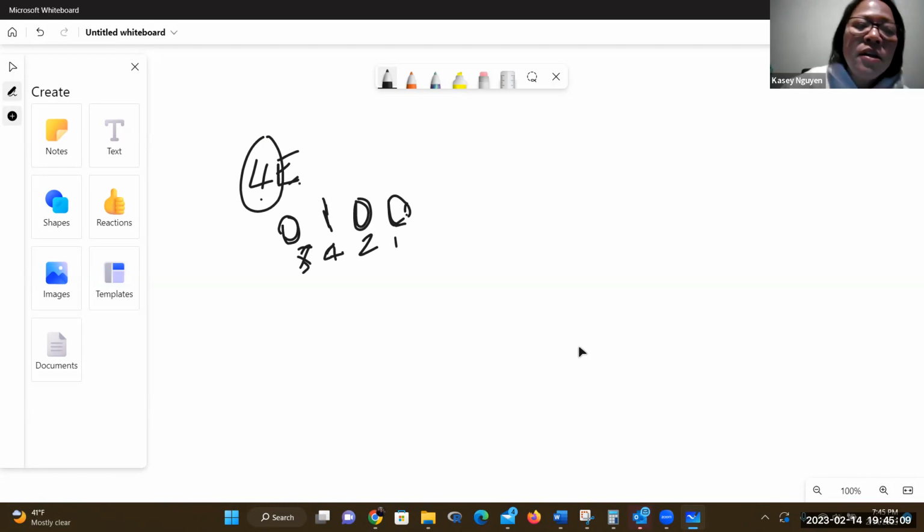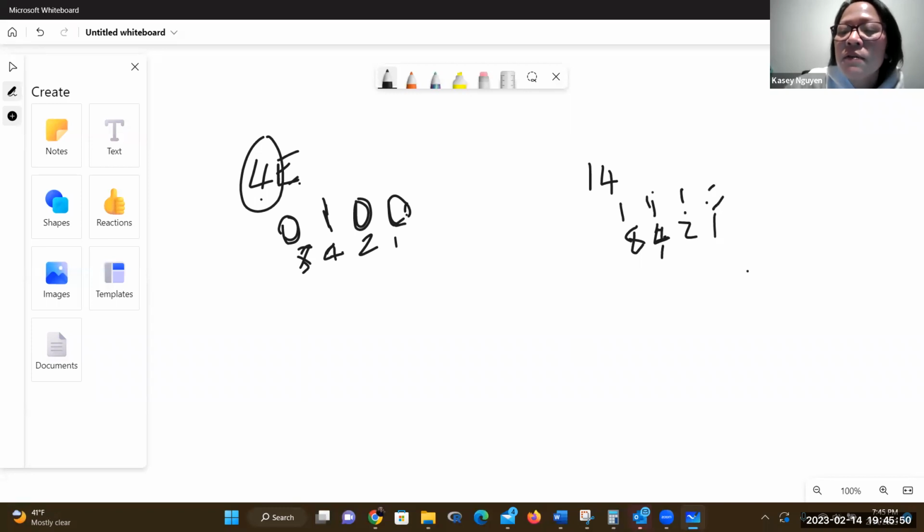And then the E. Earlier I told you that A is 10, B is 11, C is 12, D is 13, and E is 14. So we know that E is equal to 14 in decimal. We start with the scale again: 1, 2, 4, 8. I can subtract 8 from 14, which leaves 6. 6 minus 4 leaves 2. 2 minus 2 leaves 0.